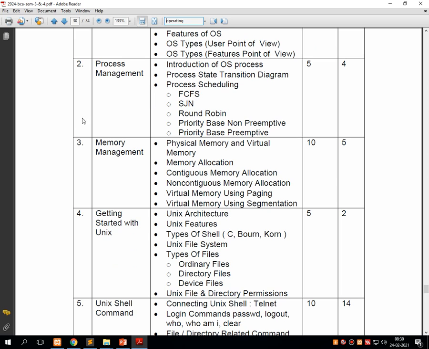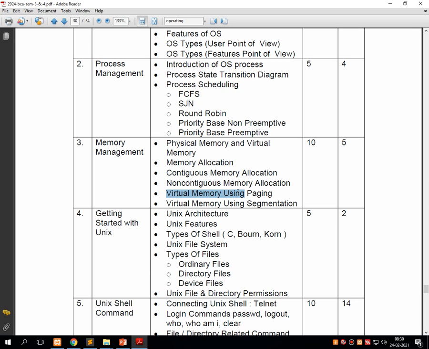Just go into unit number 3, memory management. In memory management, first we discussed physical memory and virtual memory. Then we discussed memory allocation function. Then we discussed contiguous memory allocation and non-contiguous memory allocation.